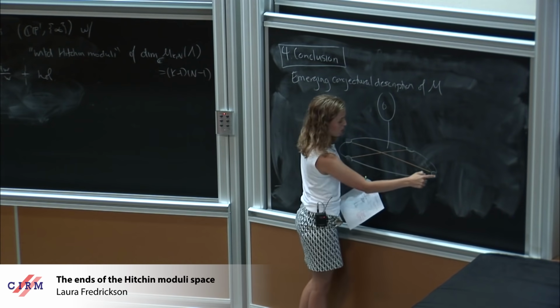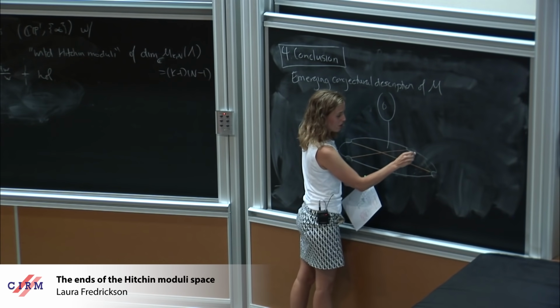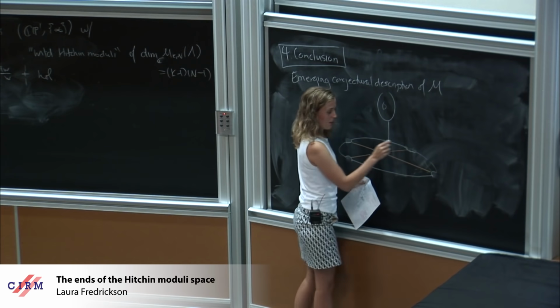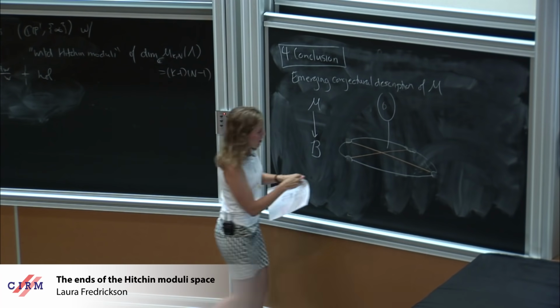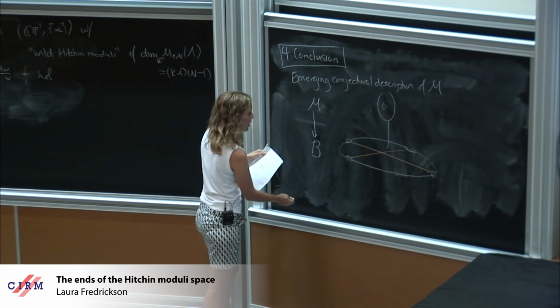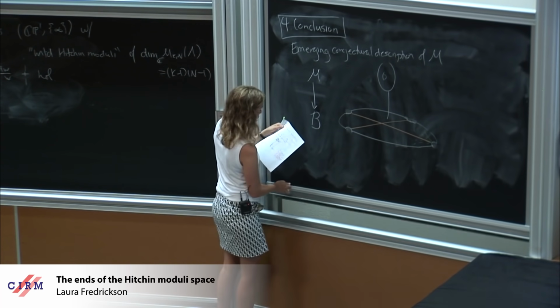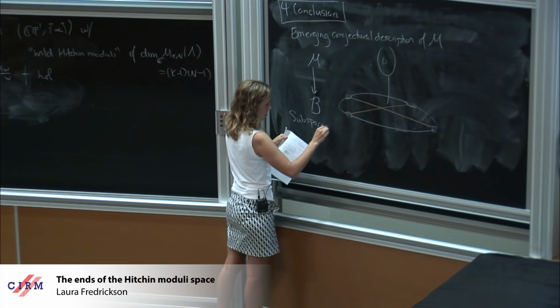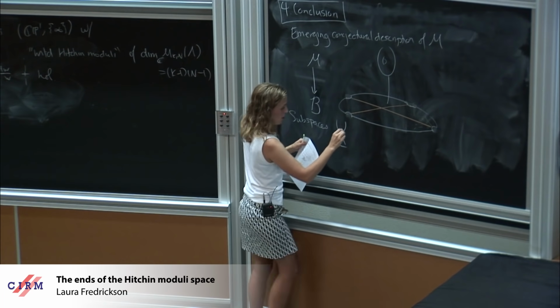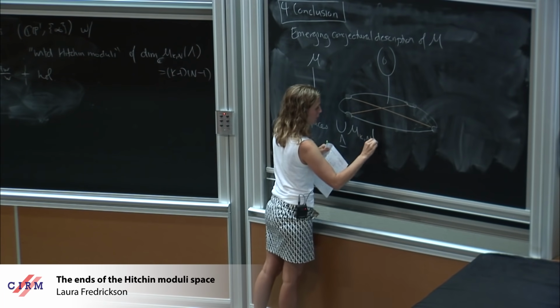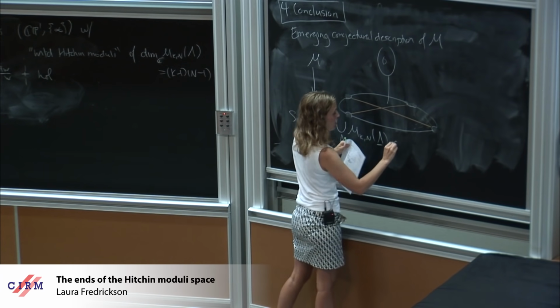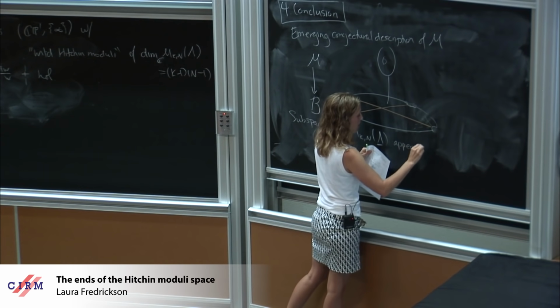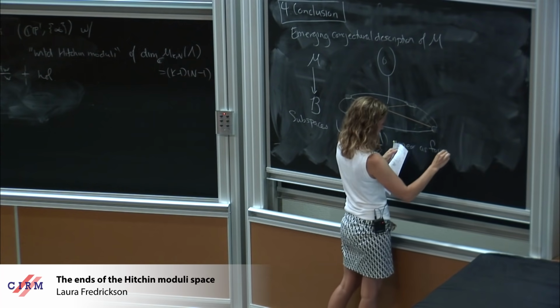So for a double zero, you get something like this. For a higher order zero, you'd actually have a stratification, something like this. And in this picture, the subspaces, if you take the union over all these parameters, these should appear as faces of the boundary.